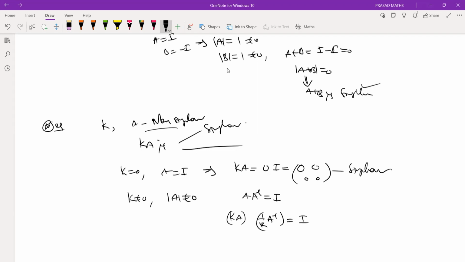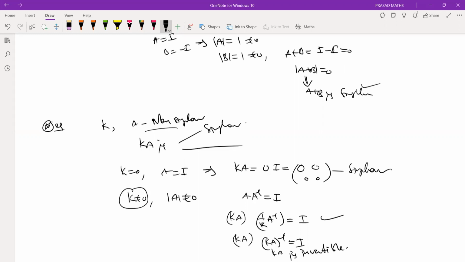As K is non-zero, this equation is meaningful. Therefore, this can be rewritten as KA whole inverse. So K into KA whole inverse is equal to the identity matrix. That means this is invertible.